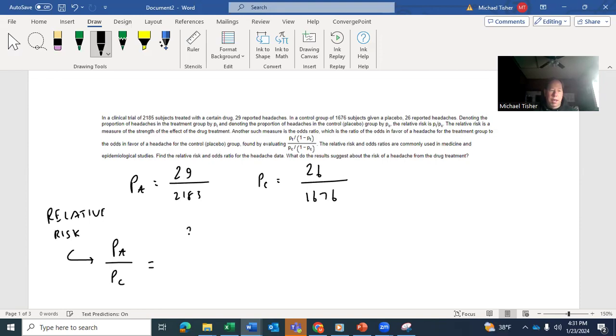So this would be 29 over 2185, divided by PC, which is 26 over 1676. Okay, so let's go ahead and do this on the Desmos calculator.